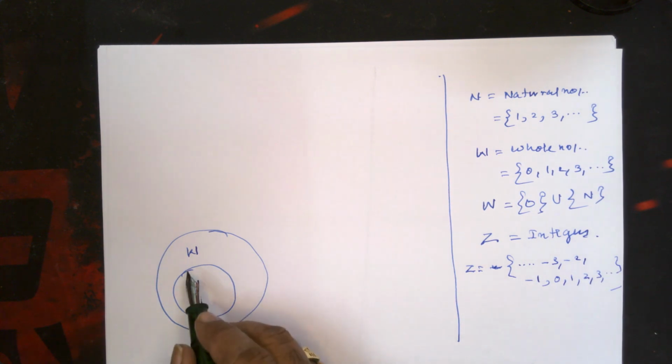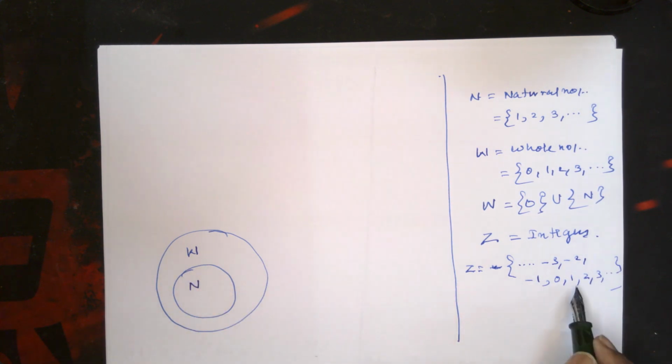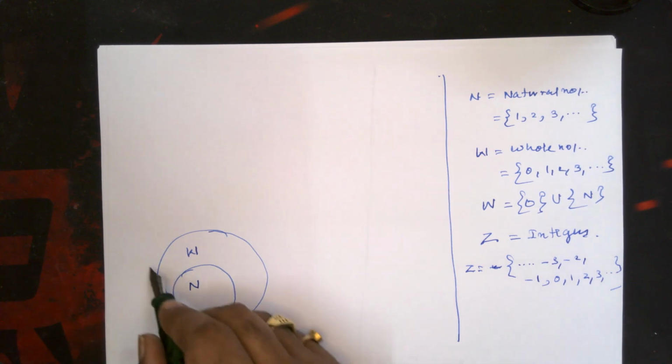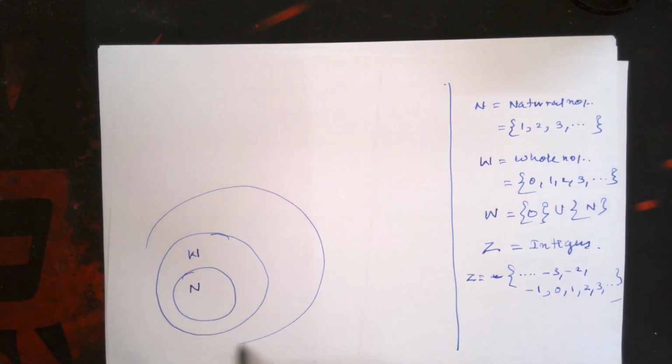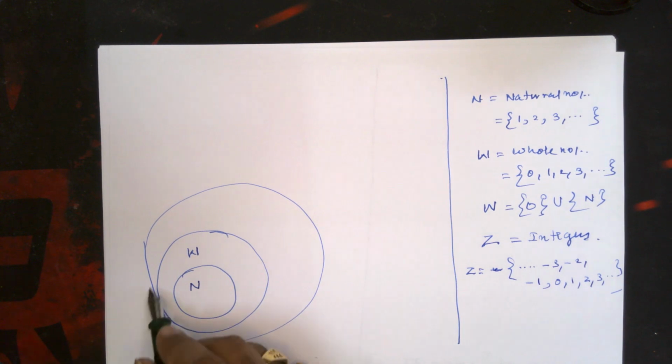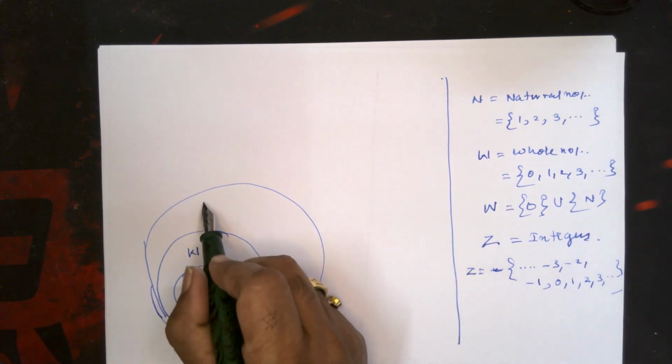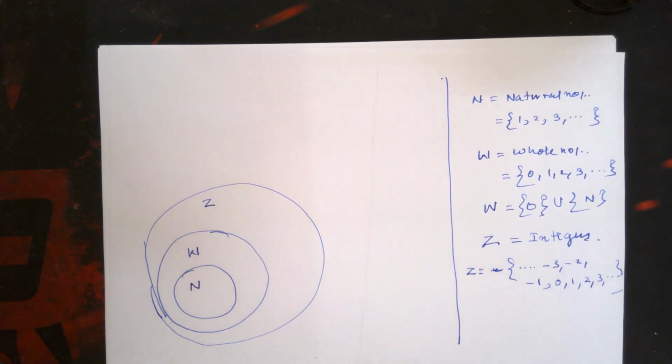So it means Z, the integer, is bigger than whole number. So this is the integer, right?